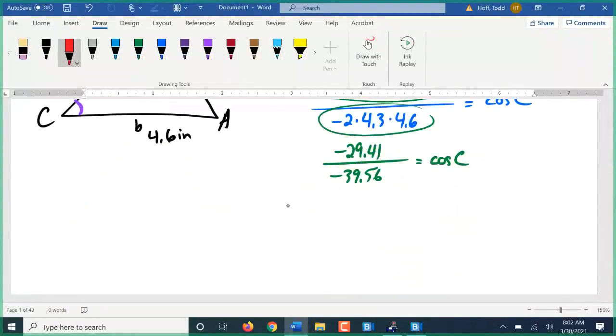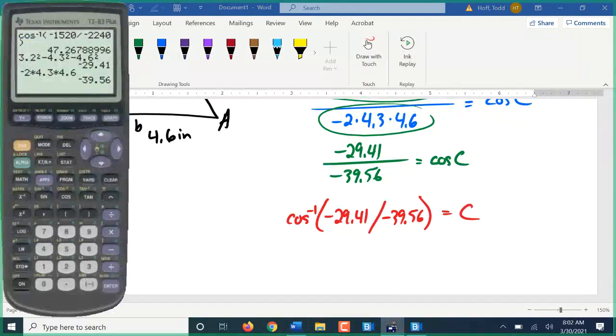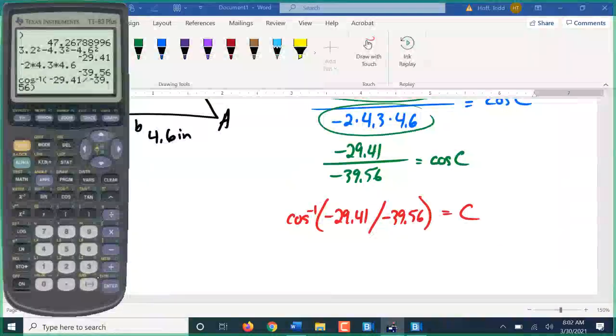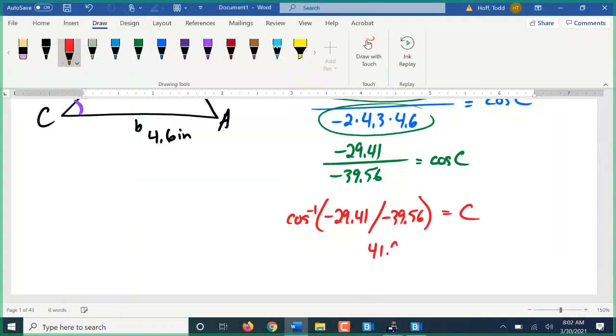So to find C, it's going to be an inverse cosine of the negative 29.41 divided by the negative 39.56. Equals angle C. Inverse cosine, negative 29.41 divided by negative 39.56. 41.98 degrees.